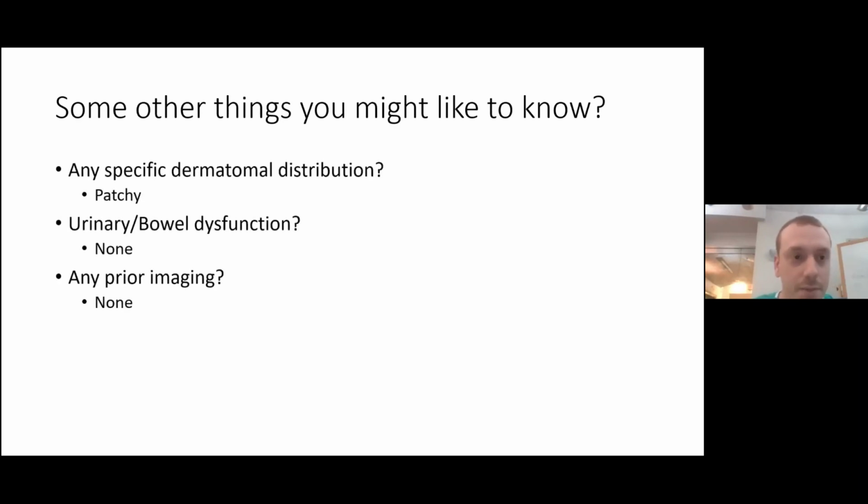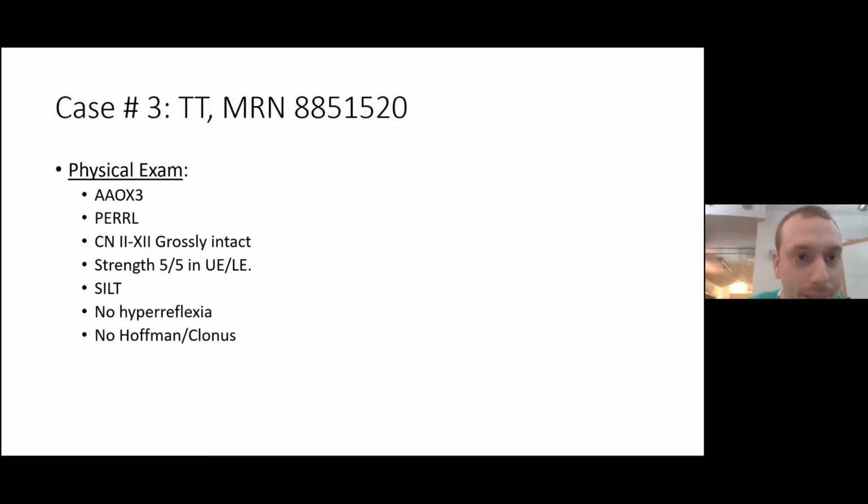You want to know if there's any dermatomal distribution to try to localize her symptoms. But in her case, it was kind of patchy. She did not have any urinary or bowel dysfunction, and she did not have any prior imaging to compare to. Physical exam is basically normal. She was full strength, no sensory deficit, and no long tract signs.